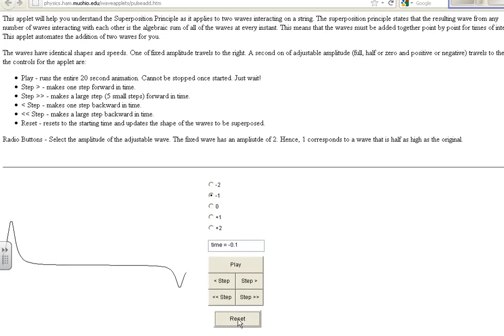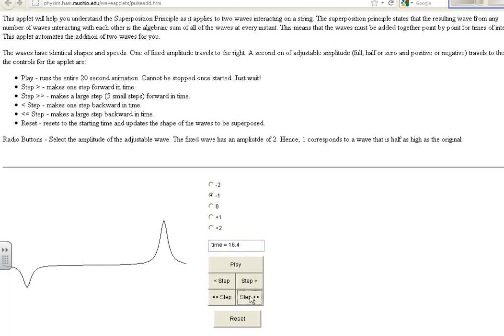Let's reset this. As I step through this, notice there's a wave on the top and a wave on the bottom. And if the waves are opposite each other as they come across, you see that they will negate each other.